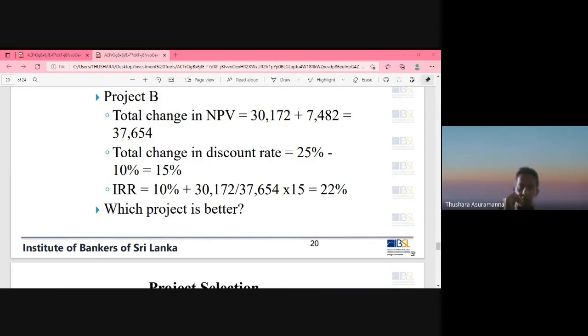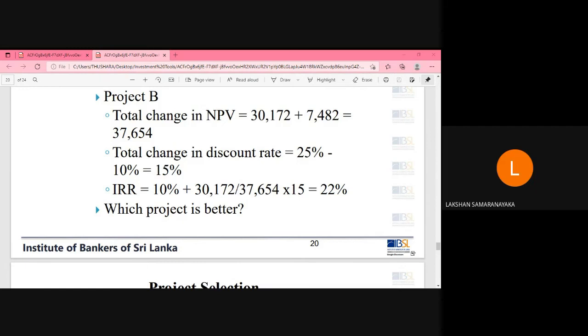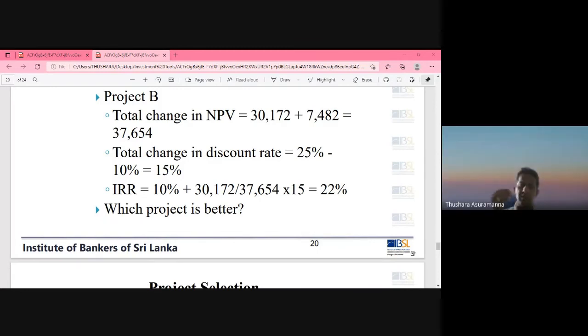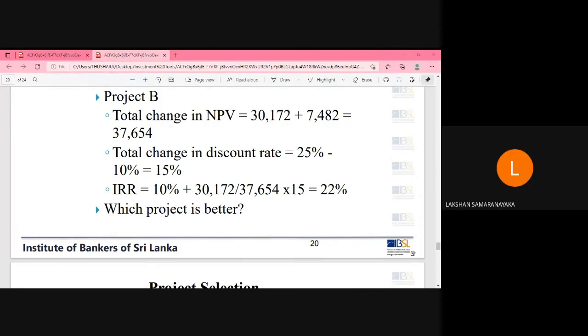Right. So what should be the division result? 30,172 divided by 37,654. What could be the answer? I'm getting 3. I don't know whether I have done the fraction wrong. 30,172 divided by 37,654. How much? 0.8 or whatever? What is the answer?